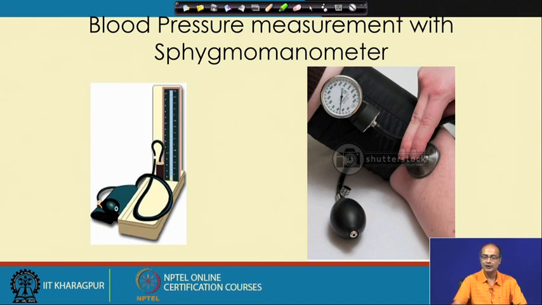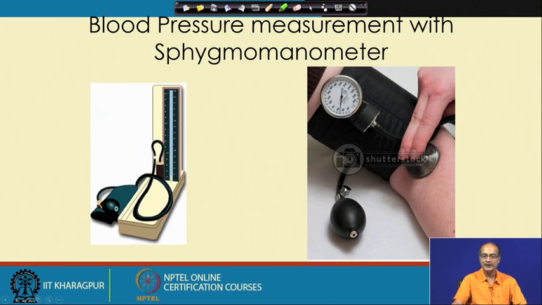As soon as we detect that sound, the doctor will look at the dial or the mercury column and note the pressure measurement. That gives the systolic pressure, or the highest pressure within the veins.